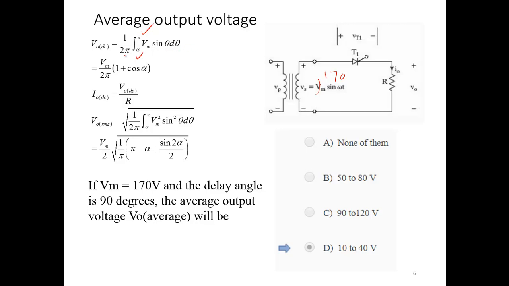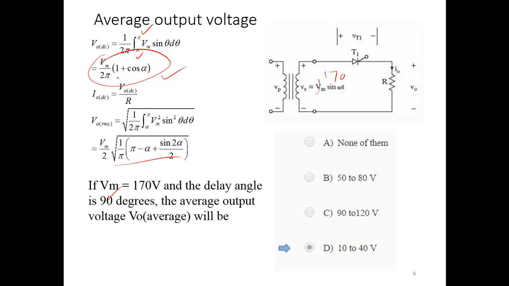If alpha is 90 degrees, you can calculate that cosine alpha is 0, so it will be equal to VM by 2 pi. Now the question comes for the RMS value. If it asks for the average value, you can calculate with alpha equal to 90, cosine 90 is 0, and then you can find it.